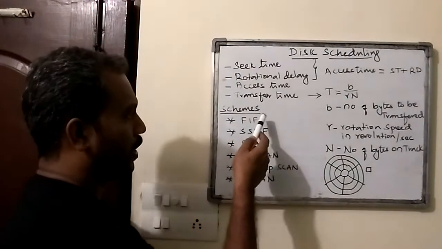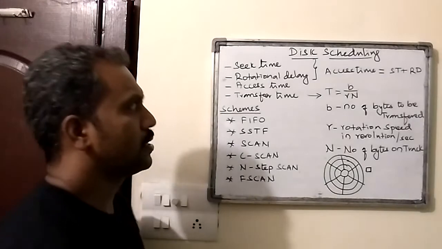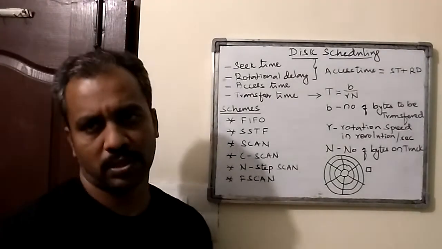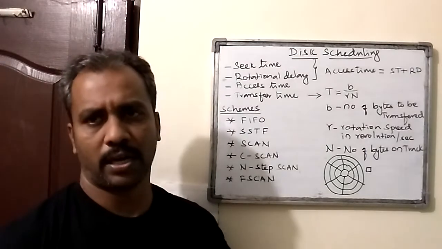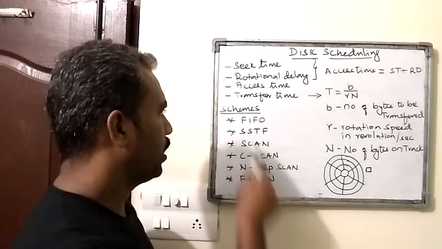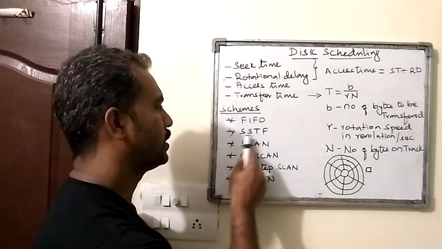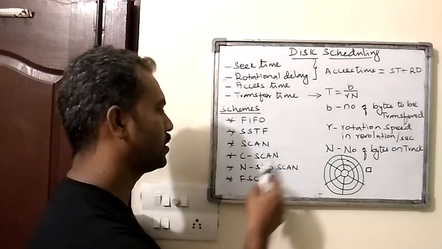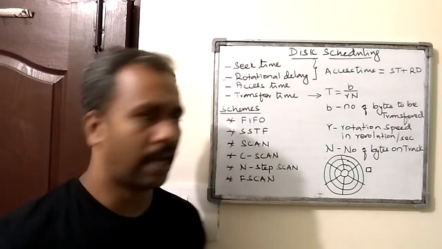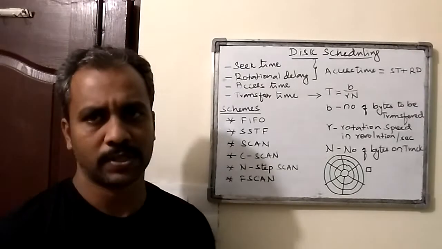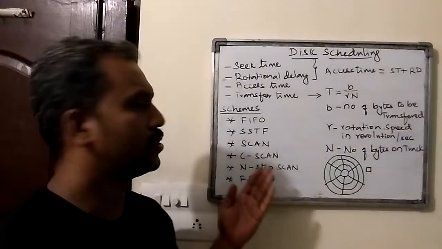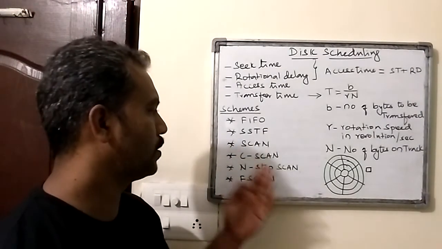Here I have listed the various schemes by which the system can serve the requests: first in first out, SSTF, scan, C scan, N step scan, F scan. The expansion for FIFO is first in, first out. SSTF is shortest service time first.